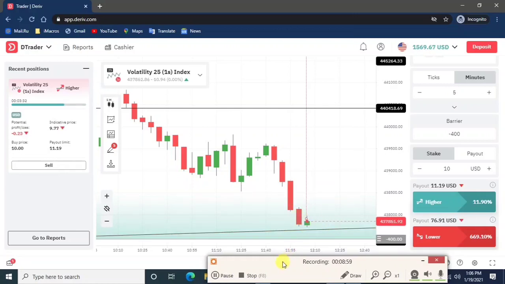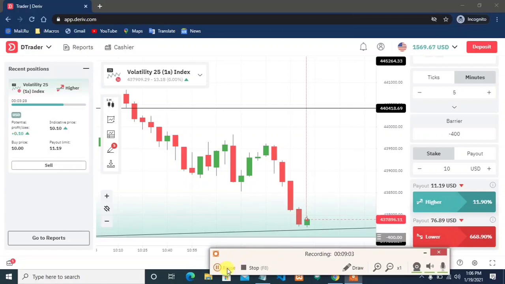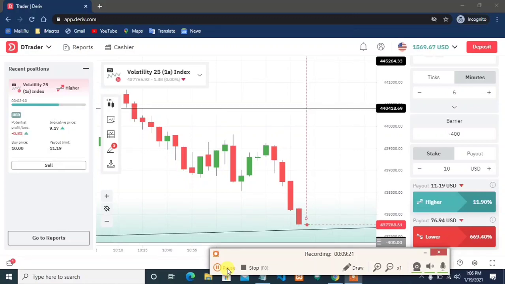So I'm going to leave this trade to run and wait for the market to pull through. Let me just leave the trade to run to see what's going to happen. You can see that the market is going on profit because it was not able to break the trend line that we have drawn.